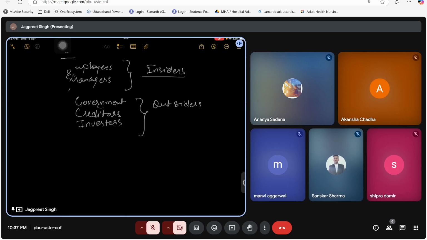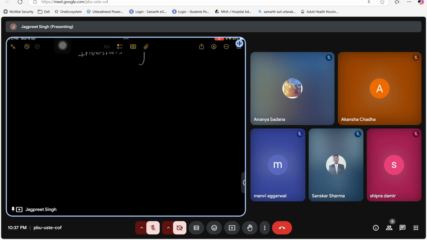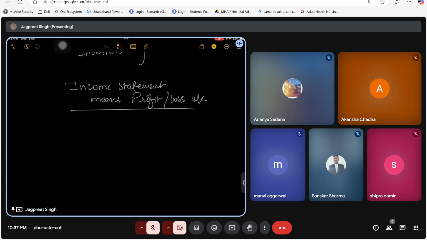You can write it down to memorize it. So the income statement is the profit and loss account, because in this account we are calculating our profits or losses.